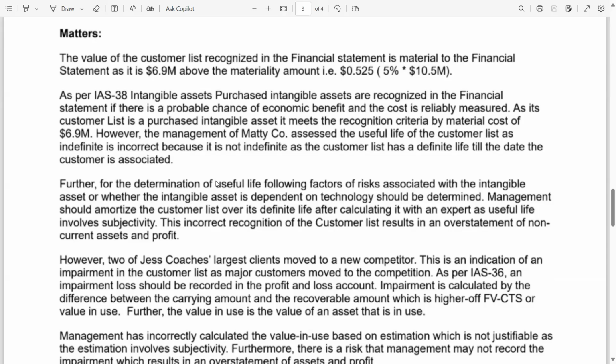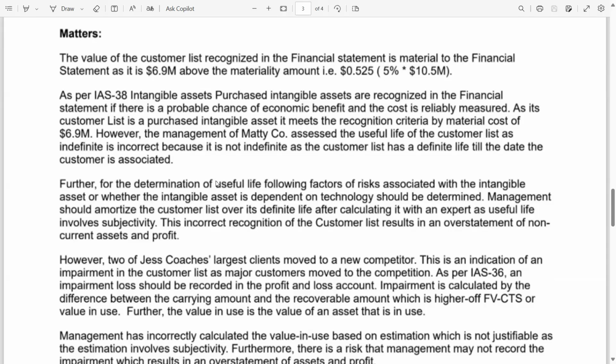However, two of Jazz Coach's largest clients moved to a new competitor. This is an indication of an impairment in the customer list, as customers move to the competitors. As per IAS 36, an impairment loss should be recorded in the profit and loss account.